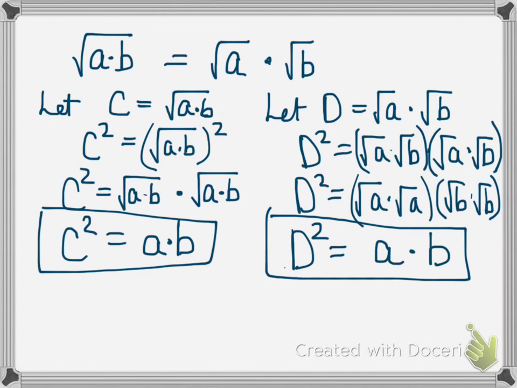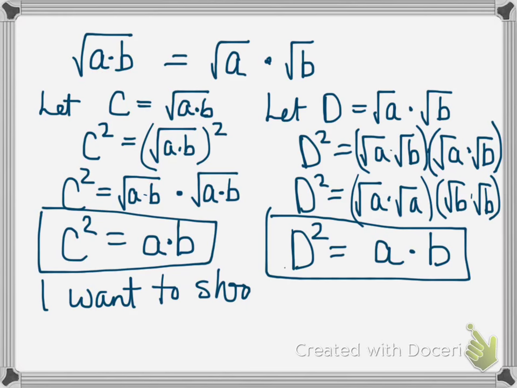Okay, so what I want to prove, I want to show that C equals D. Okay, because if I can show that C equals D, then I know that this statement up top is true.